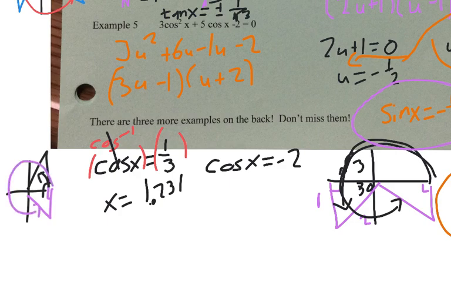The easy answer would be negative 1.231, but that's not allowed because it has to be between 0 and 2 pi. So I'm thinking, if I rotate all the way around, that's 2 pi, and then if I backed up 1.231, that would get me to this terminal side. So I would do 2 pi minus 1.231 to find the other angle in that quadrant, which is 6.28, that's going to be 5.05 something. 5.052.